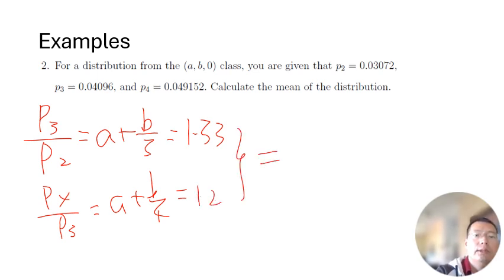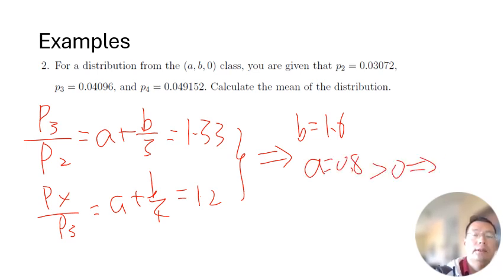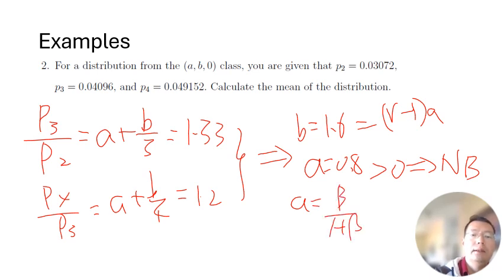From these two, we can get b is equal to 1.6 and a is equal to 0.8, which is greater than 0, so we can say it's a negative binomial. Then b is equal to (r minus 1) times a, and a is equal to β over 1 plus β. So from here we get β is equal to 4 and r is equal to 3.